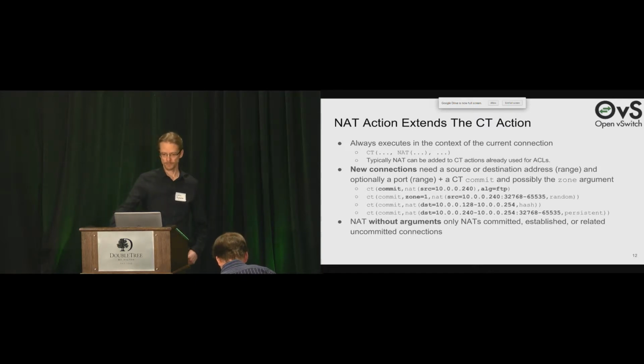And all these new connections need to have the commit attribute in the conntrack action for this NAT state to be persisted. The NAT attribute can also be applied without any attributes, but then that only applies to existing connections.